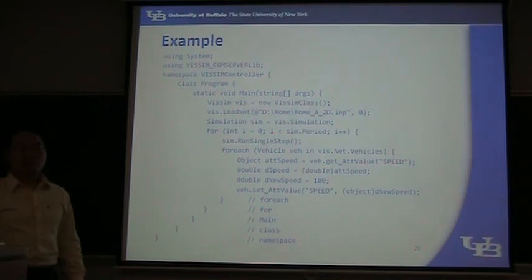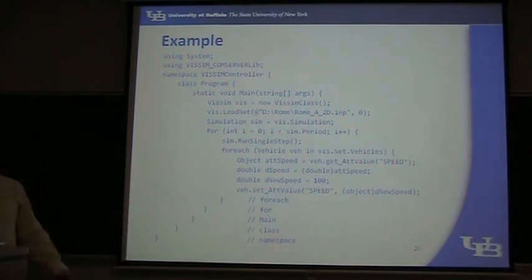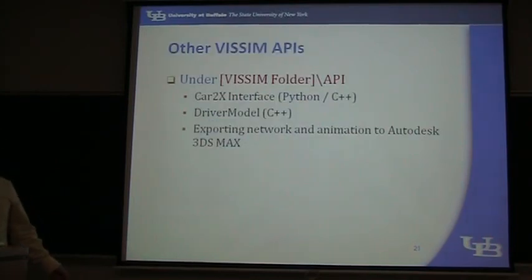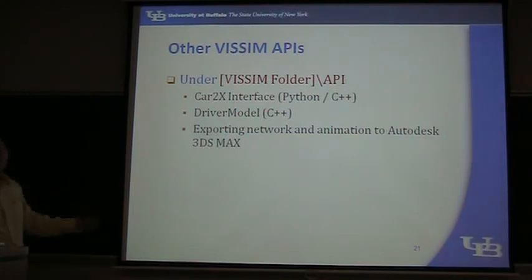So any other question? You see they are different. The COM interface and the previous interfaces are different. There are two other APIs. You can find them under the vSim folder /API.